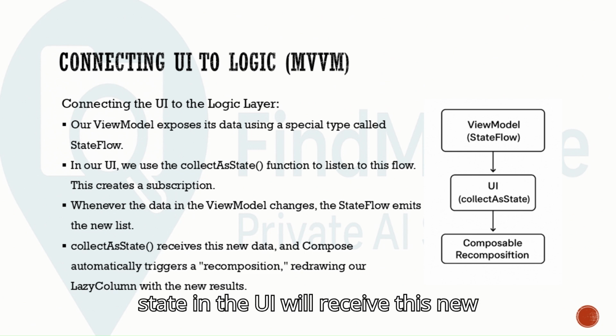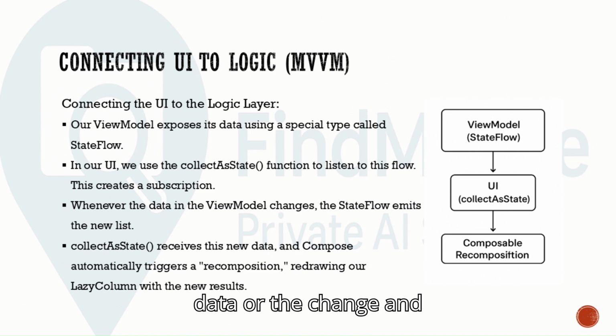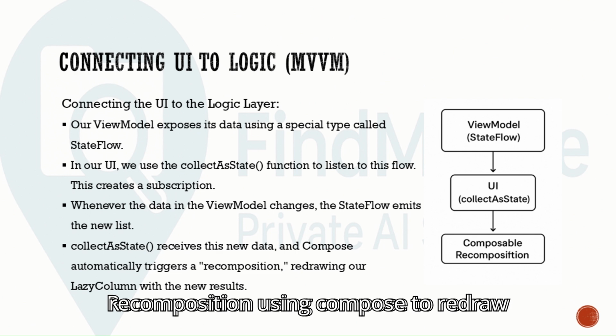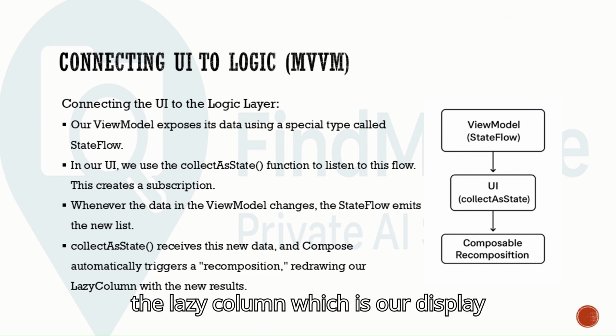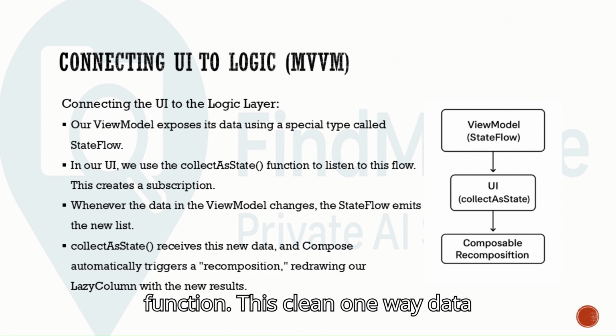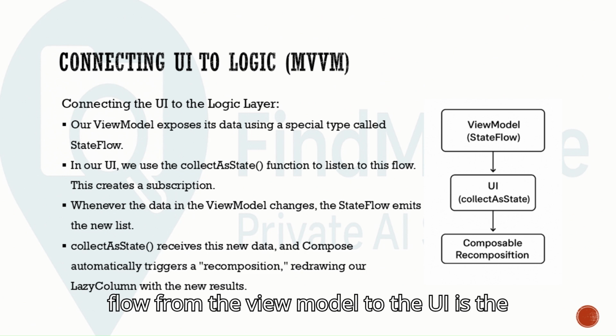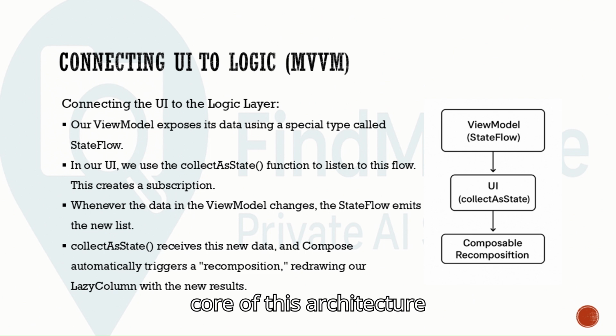Now collectAsState in the UI will receive this new data or the change and trigger an automatic recomposition using Compose to redraw the lazy column, which is our display function. This clean one-way data flow from the view model to the UI is the core of this architecture and is what makes our app robust.